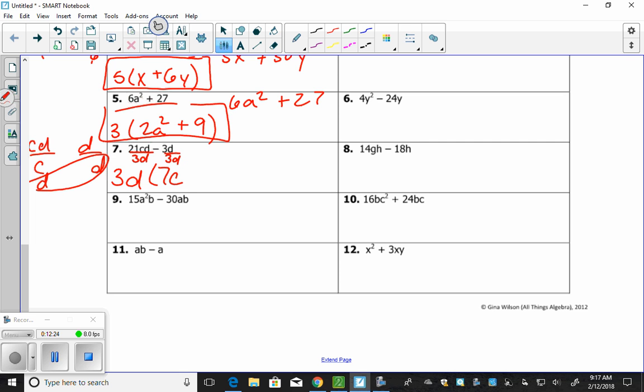If I put 1, just for kicks and giggles, what's 7C times 1? 7C. So do I have to put 1? Nope. What's negative 3D divided by 3D? Negative 1.